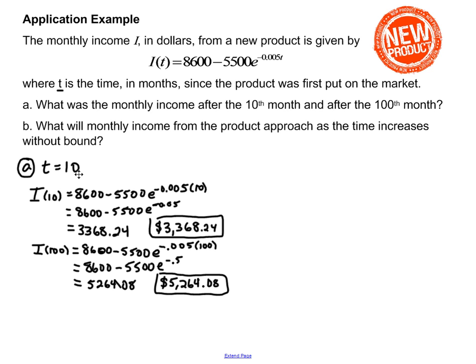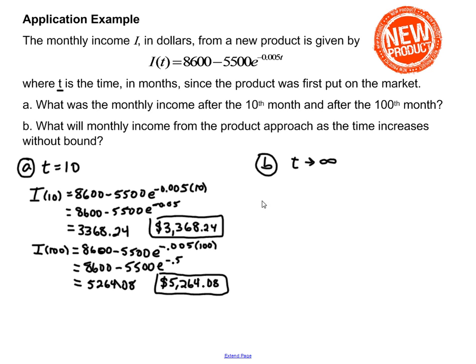Okay, so now what? What do we say about this? Well, B is asking us, what's going to happen to monthly income as time increases without bound? What does that mean? Well, we think t is going towards infinity. What is this actually going to approach? We see that it's gone up. Does that mean it's going to continually go up and go towards infinity?